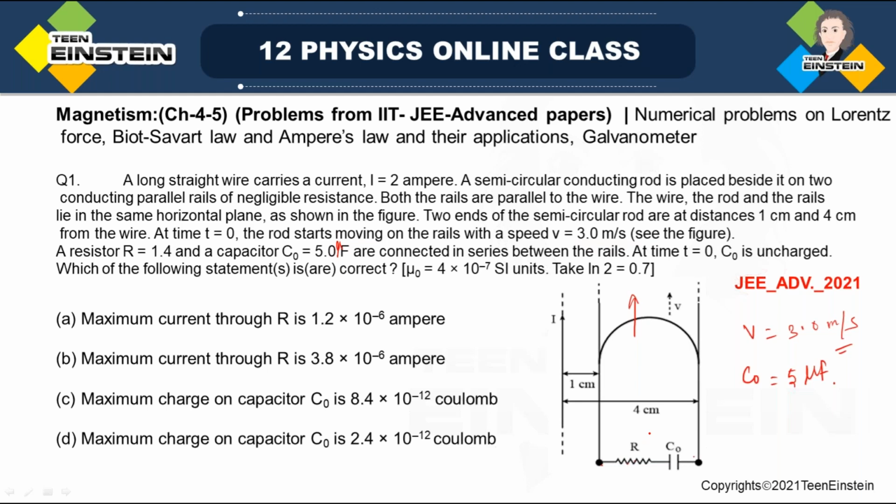So there are two questions: what is the maximum current passing through this resistor R, and what is the maximum charge stored on the capacitor.